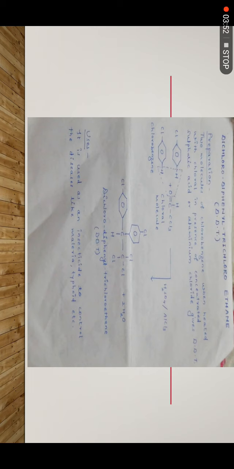So dear students, with this topic we come to the end of unit number 1, and in the next week we will start unit number 2, that is alcohol and phenol. Before that I wanted to tell you that within this 1 week you have to prepare for unit number 1. You have to study all of unit number 1.